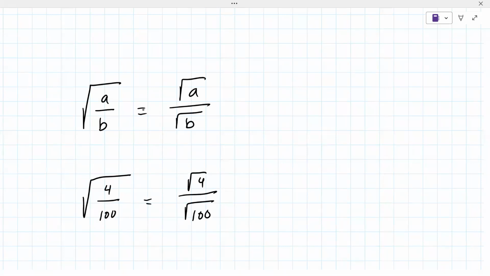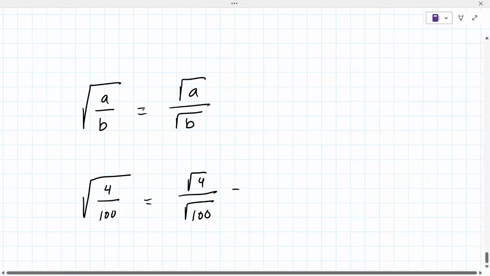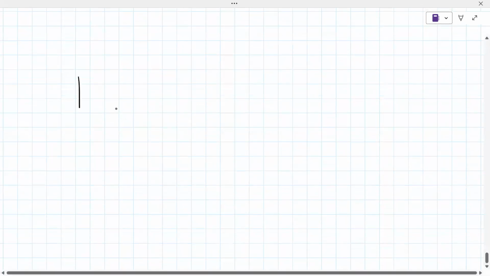You're supposed to know all of those. That would be 2/10. Does that reduce? Equal 1/5. Yeah. All right, so how about the square root of 9 over 49? Could you try that one for me, please?